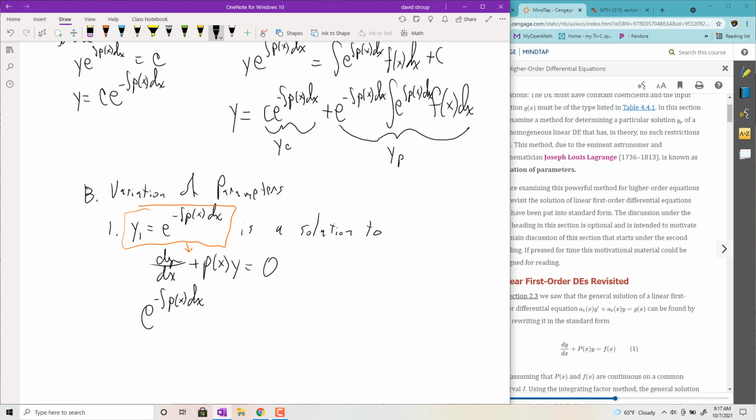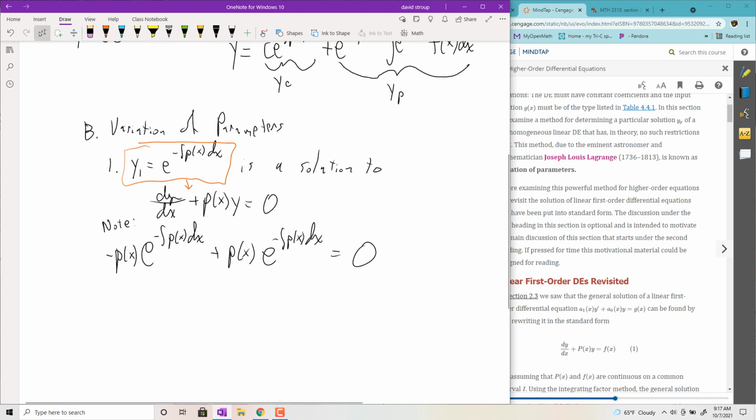The derivative and the integral cancel each other out, so you just get negative p of x. So I'm going to put that in front, negative p of x. And then plus p of x times y1, e to the negative integral of p of x dx. And you see they're additive opposites, so it'll just equal 0. So it does fulfill the homogeneous equation.